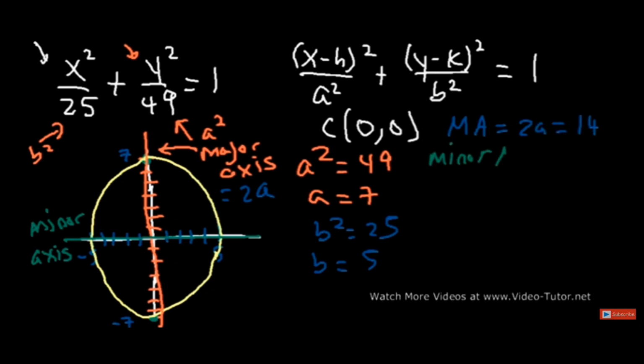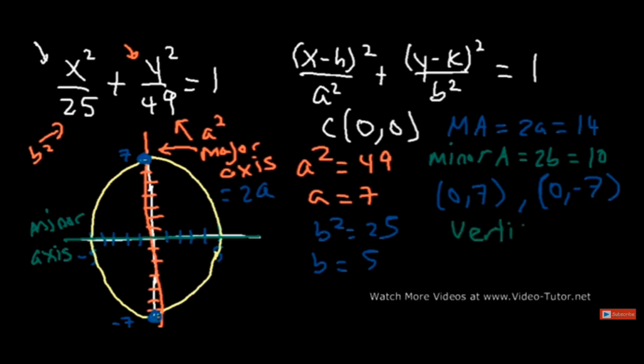The length of the minor axis is twice the value of b. So 2 times b, it's 10. By the way, the endpoints of the major axis, which are (0, 7) and (0, -7), are known as vertices, which is the plural form of vertex.